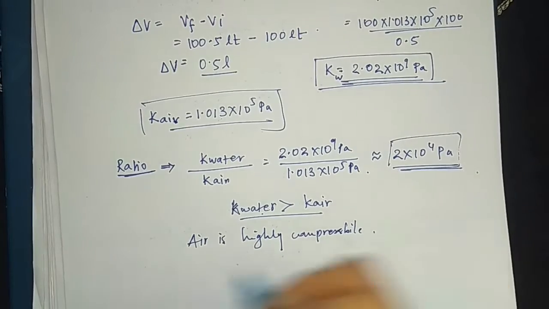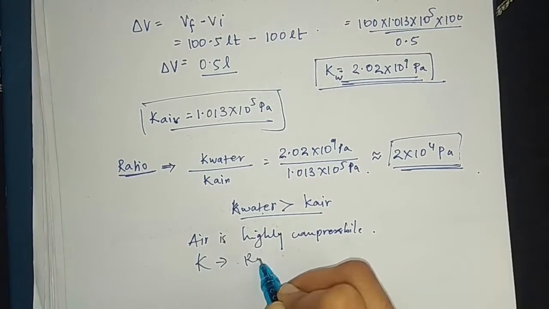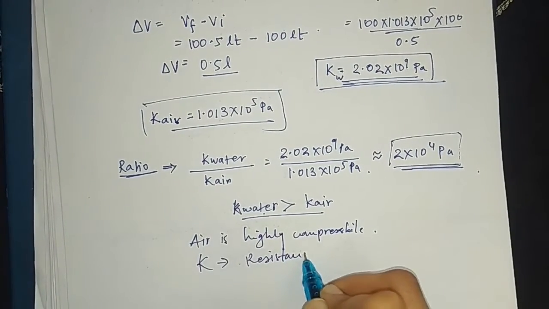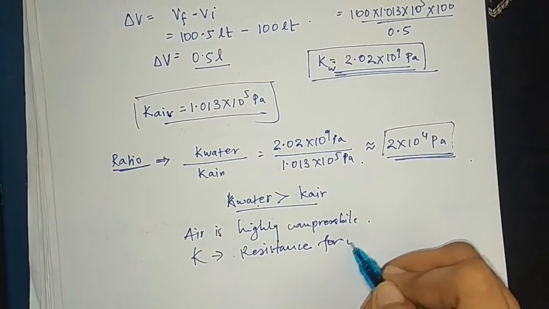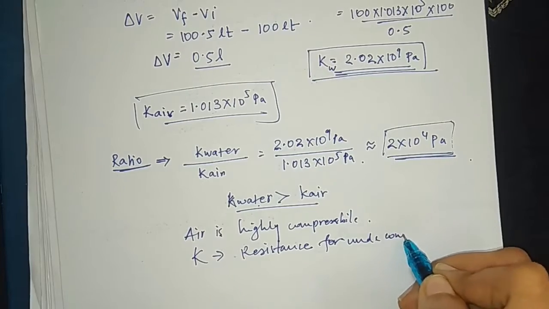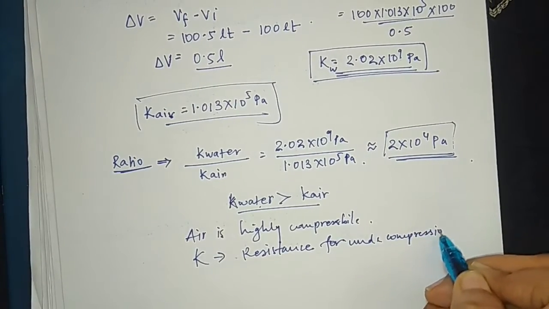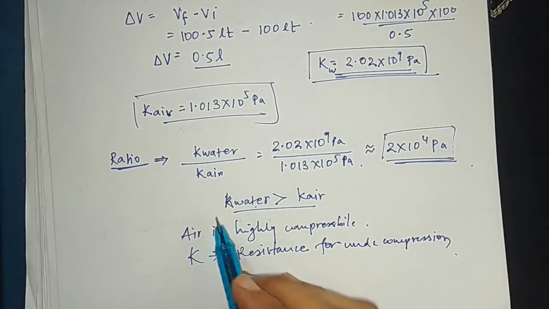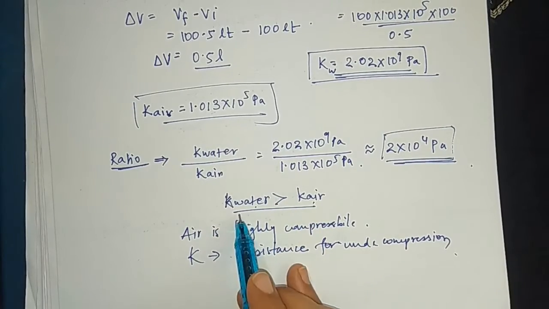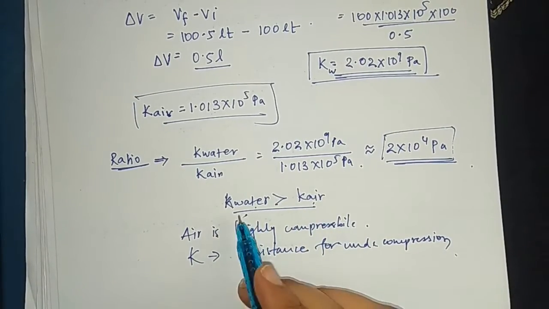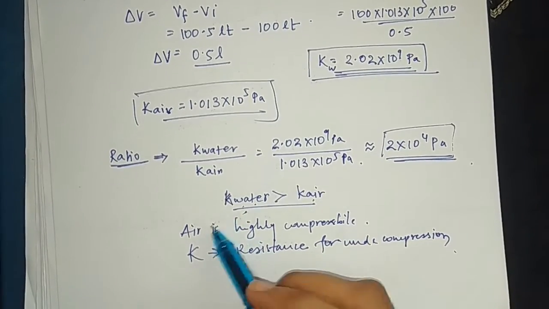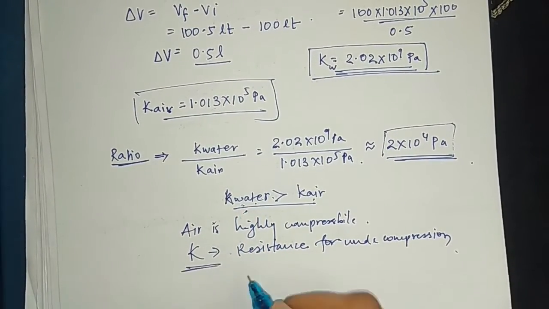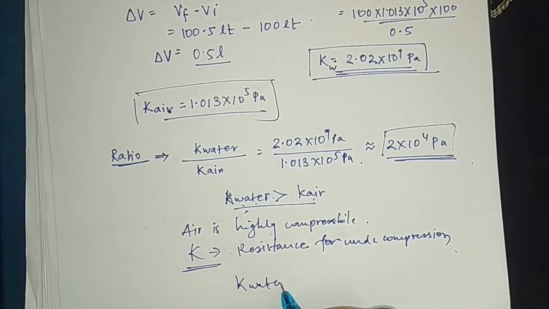Bulk modulus indicates the resistance offered by the substance to undergoing compression, how much it can resist compression. Because air is more compressible than water, it's clear that water is resisting more. So because water is resisting more, the bulk modulus of water will obviously be greater than the bulk modulus of air.